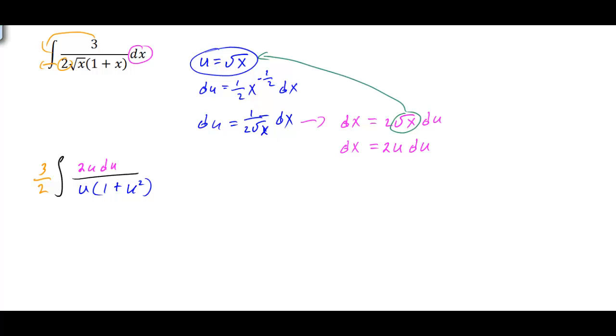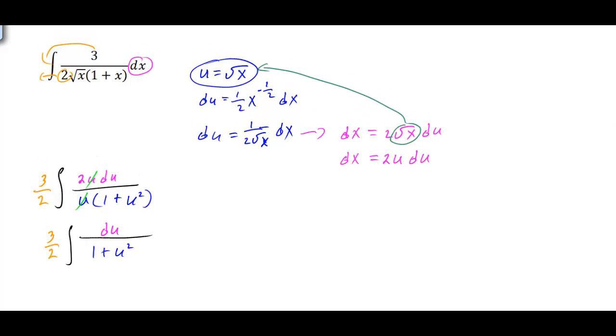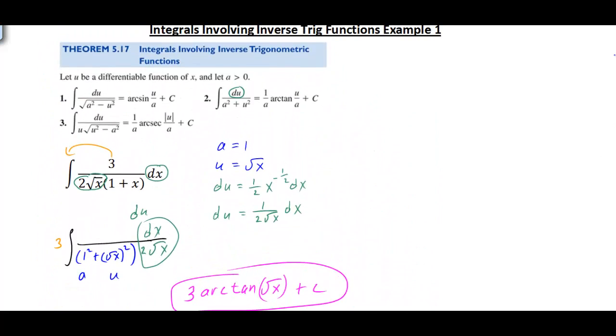Now, if you notice here, if we simplify this, our u's are going to cancel out. So we would certainly just have 3 halves times the integral of du divided by 1 plus u squared. And here we can see this definitely fits the arc tangent. Du over 1 plus u squared.